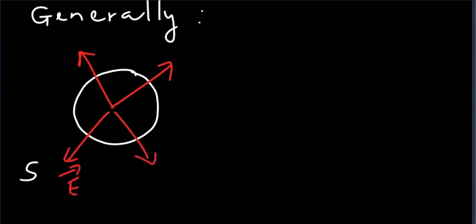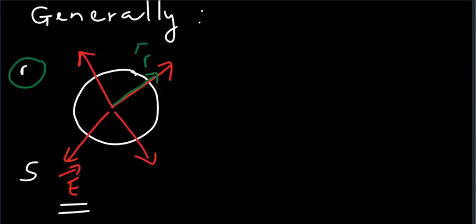So this surface, this sphere with radius r, has a normal vector also pointing in a radial direction. Let's call it like that.